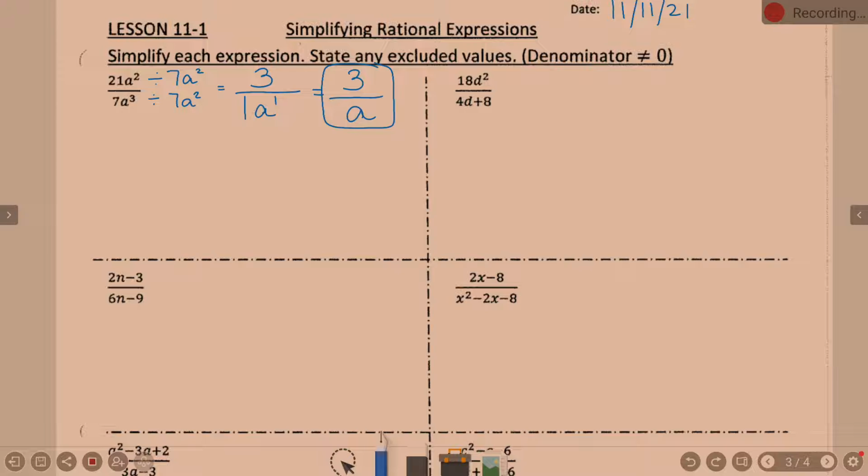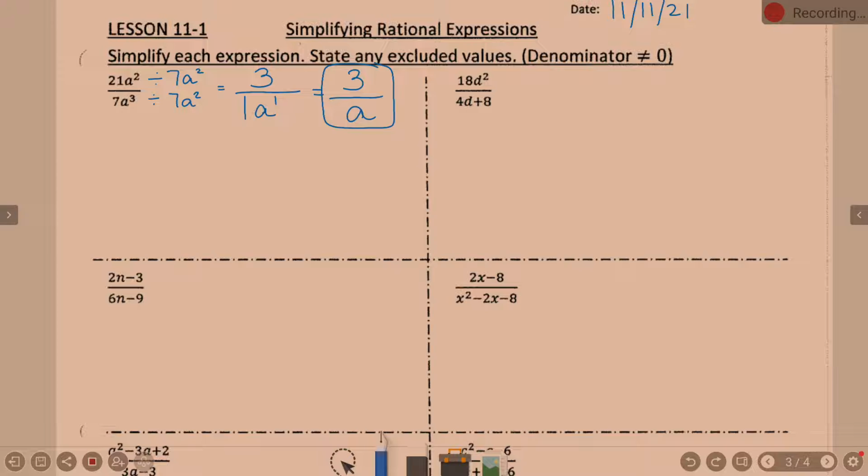Now, I'm trying to think, is the wording the same in Math Excel? I don't remember. But notice up there, besides simplifying each expression, in lesson 1 we also focus on stating any excluded values. Excluded values would be numbers that we put in for the variable that make this fraction not exist. When can a fraction not exist?